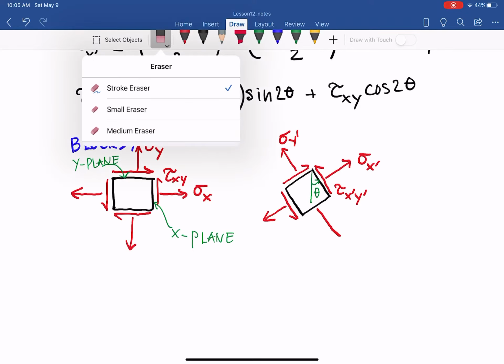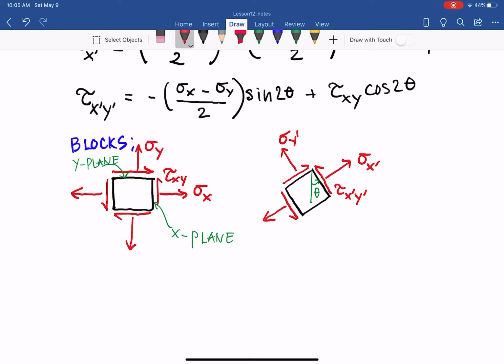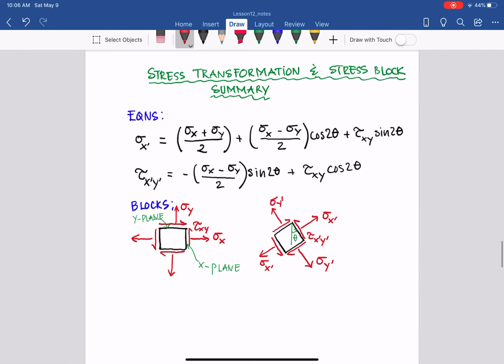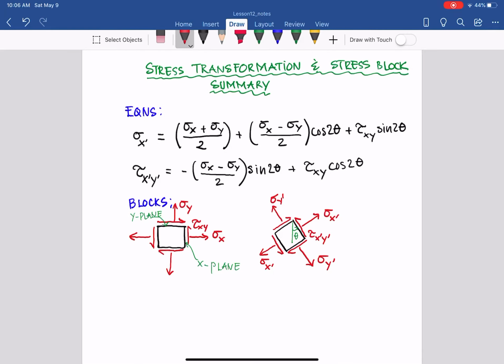Similarly, we have the negative plane here, with sigma y apostrophe, the same, right? And here sigma x apostrophe. So that is the equation for the stress block and stress transformation.